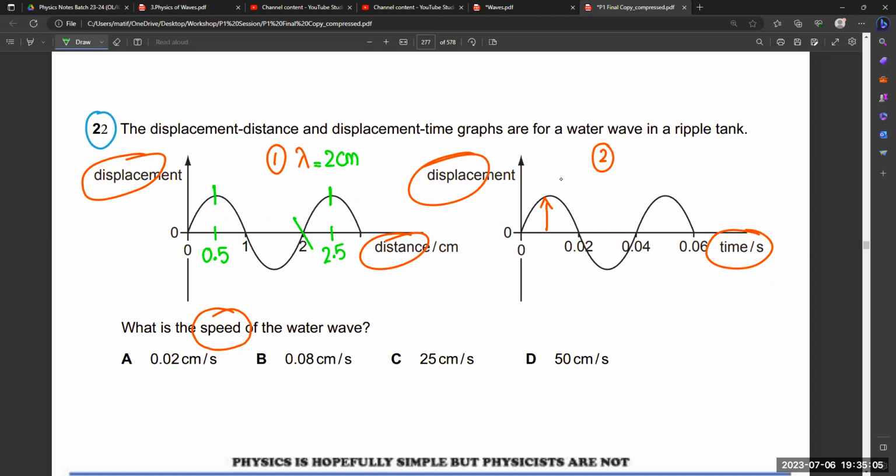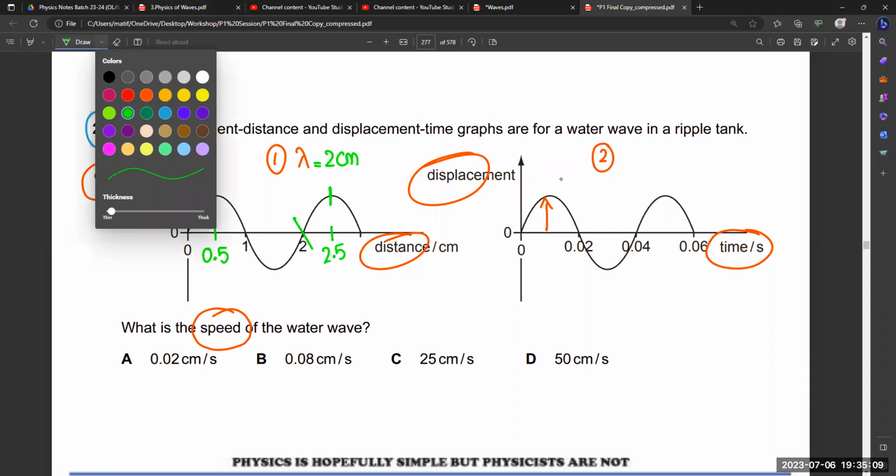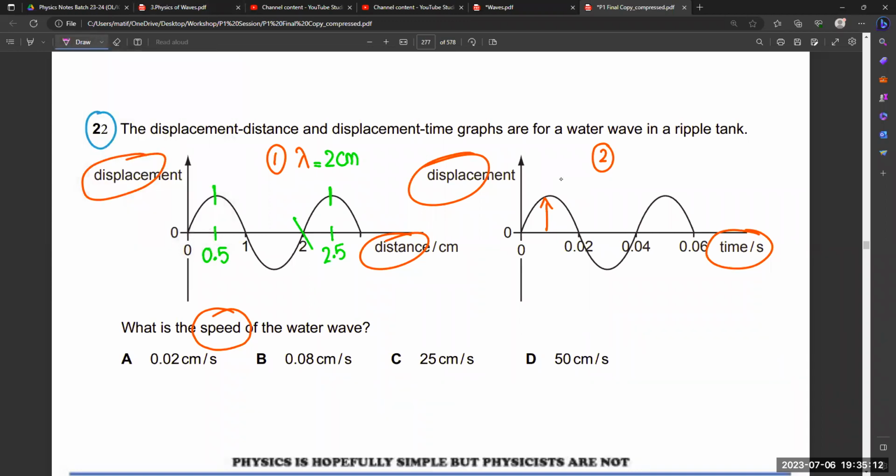Now from the second graph, we need to find out the time to complete one vibration. This is the time for one wave, right? So in how many seconds is the wave going to cover its whole distance? 0.04 seconds. So this is the time period, capital T. Capital T is 0.04 seconds.